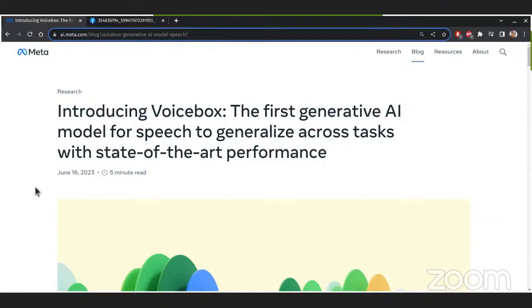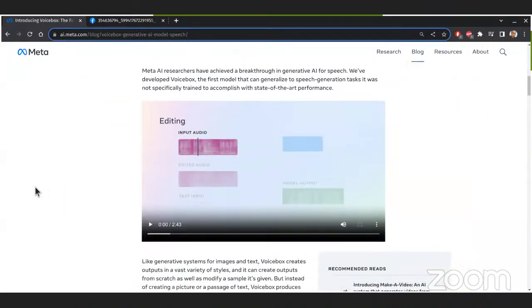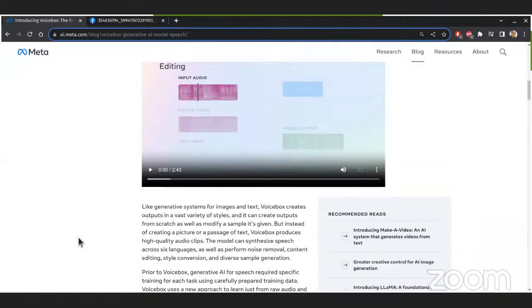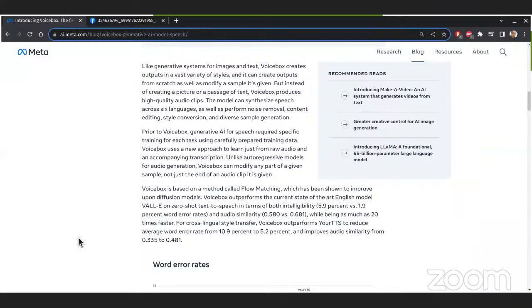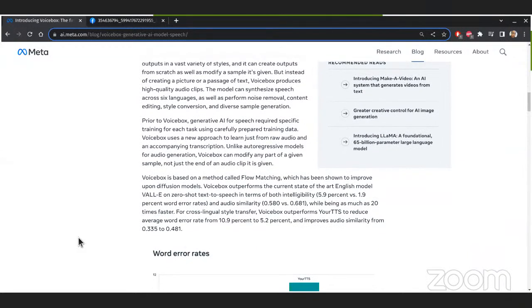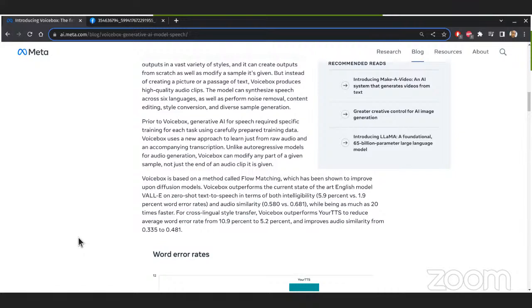Yes, Asif. So unfortunately, the code's not available at the moment, but Meta released the first generative AI model for speech to text, text to speech, and more actually. So you could go to this site to see on the paper what it can actually do. Our group is going to discuss how we understood VoiceBox, which is based on a new modeling concept called flow matching.